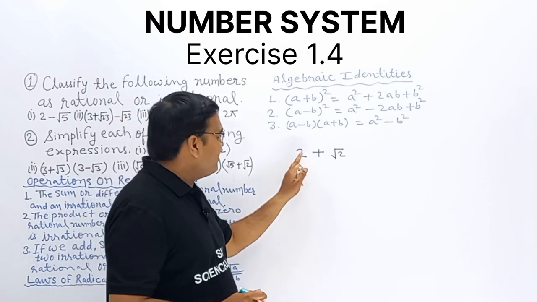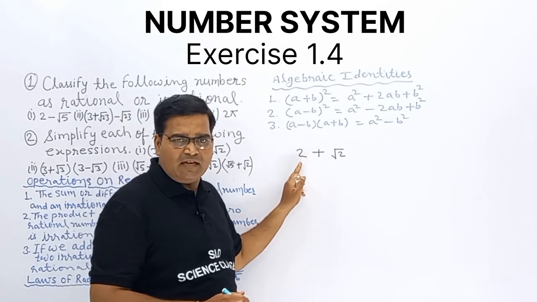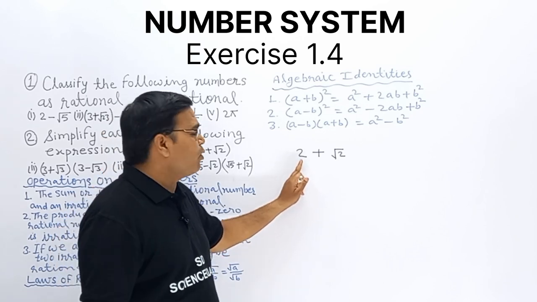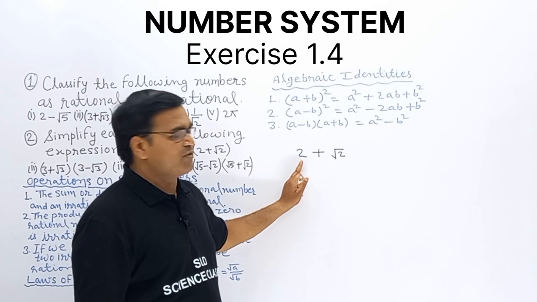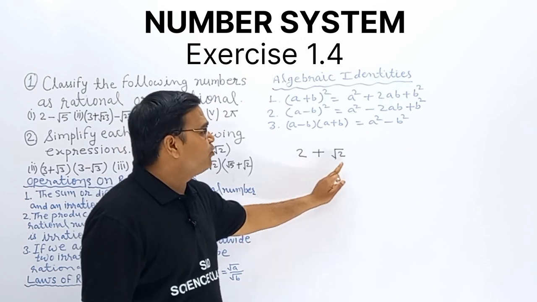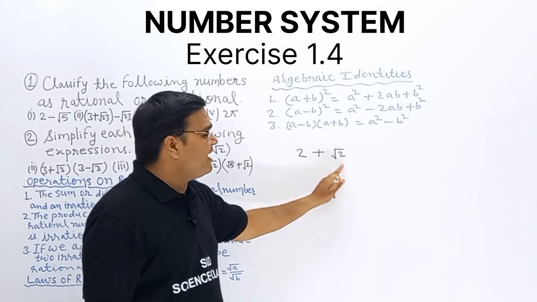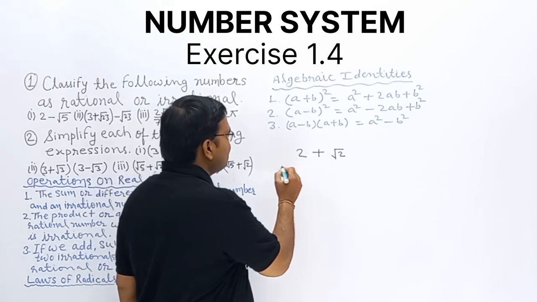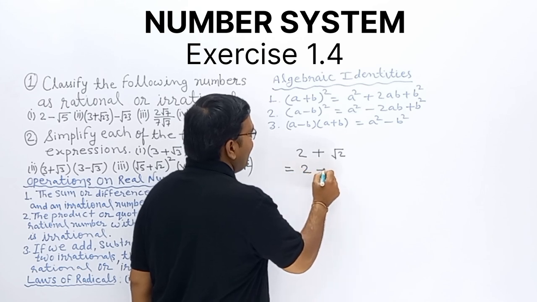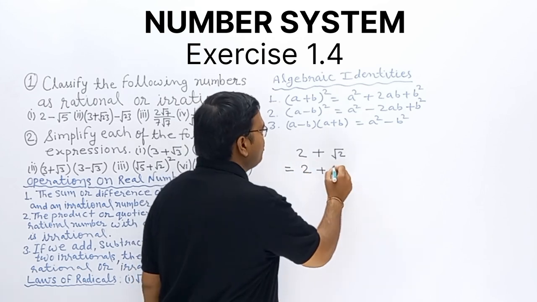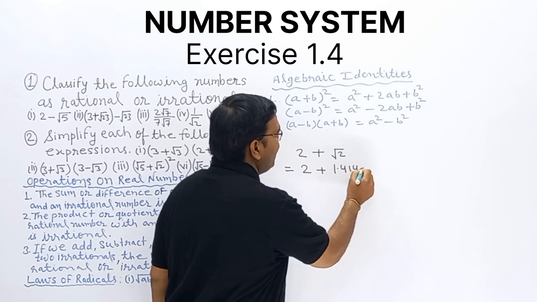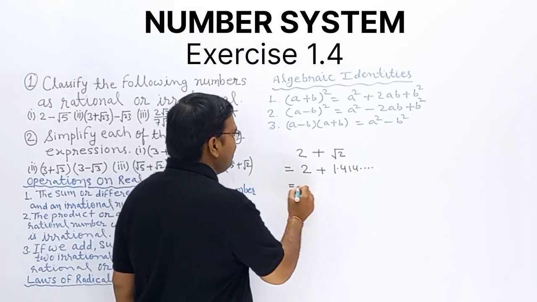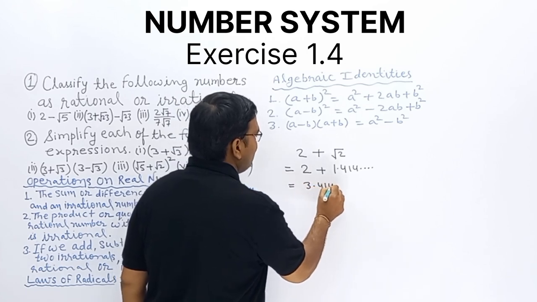How? I have two numbers: 2 is an integer, and I already discussed that all integers are rational numbers. So 2 is a rational number and root 2 is irrational. We add both. Will the result be rational or irrational? Irrational. How? The value of root 2 is 1.414 and so on. Once we add, the result will be 3.414 and something.